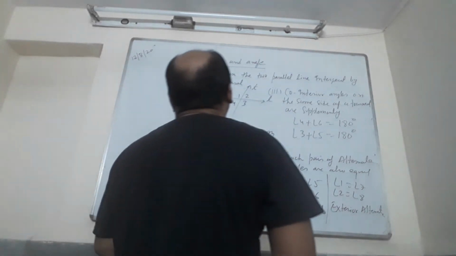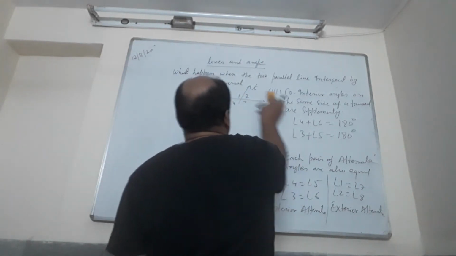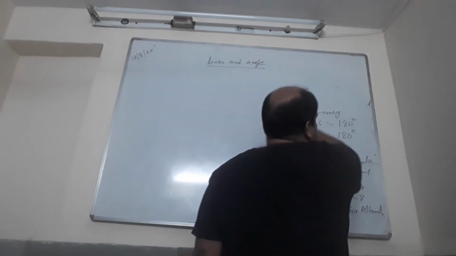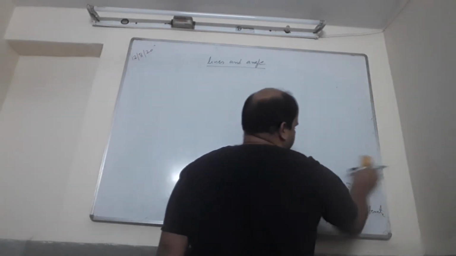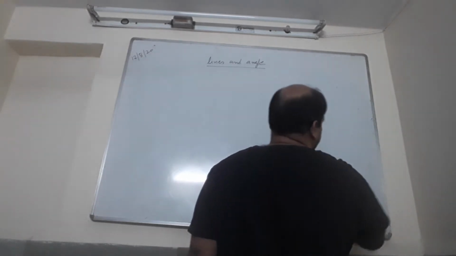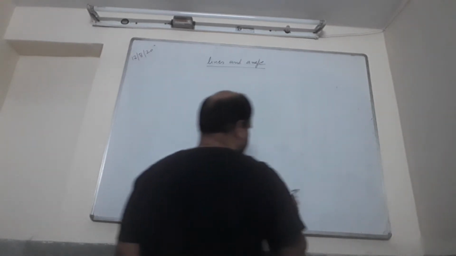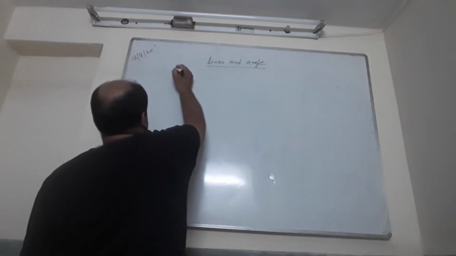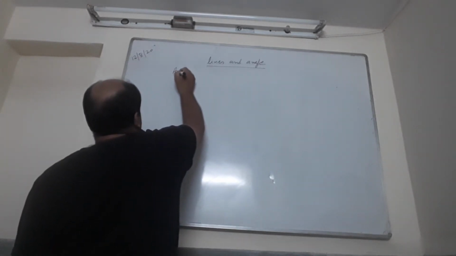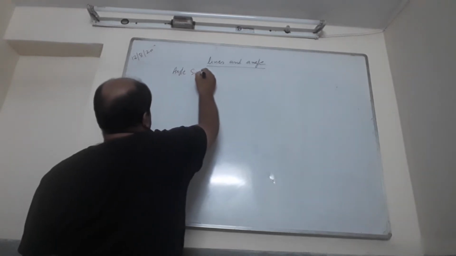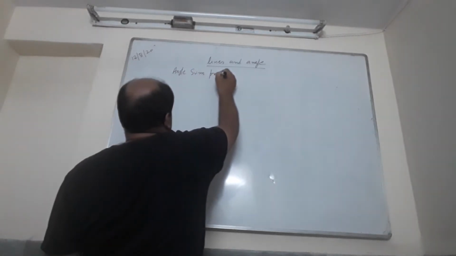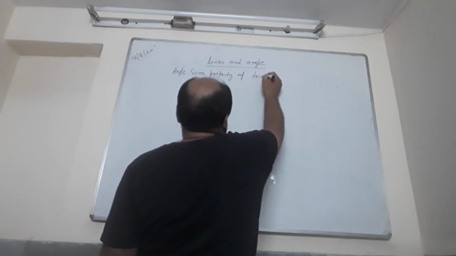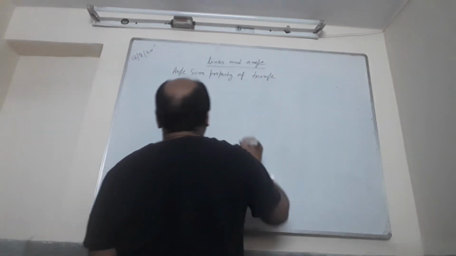Okay? Now see, there are some more concepts which we need to use to get the measure of the angles, and that is the angle sum property of triangles.